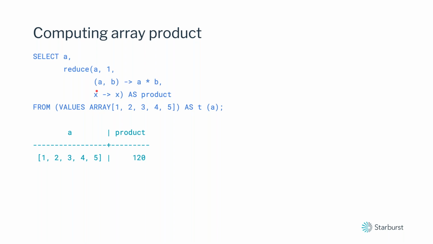The input is x, the output is x. That's the identity function. And so we get the result of our multiplication, the product of 120. And so this lets you do basically arbitrary transformations to arrays to transform and combine them into a single output value. So it basically lets you do an arbitrary aggregation on an array and return it as a single scalar value.